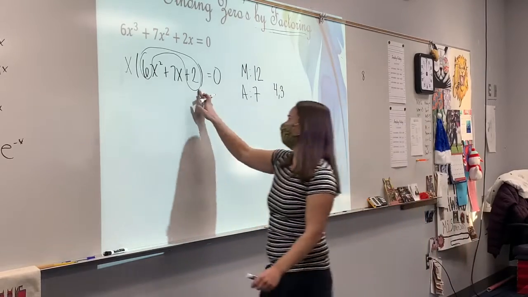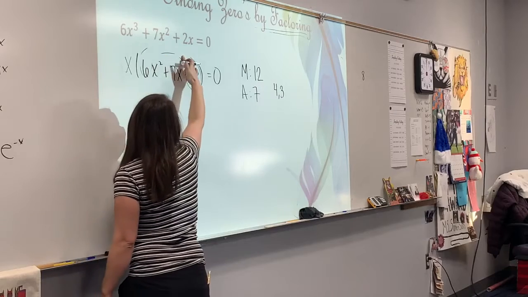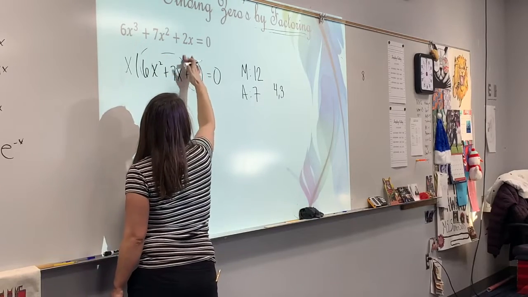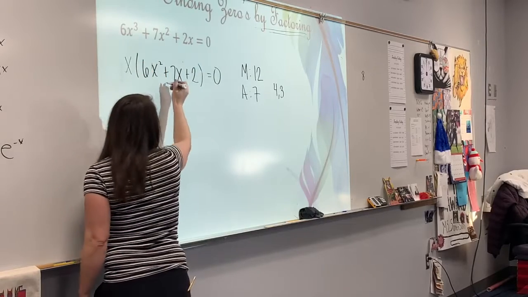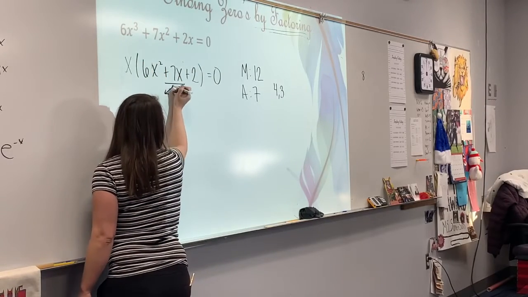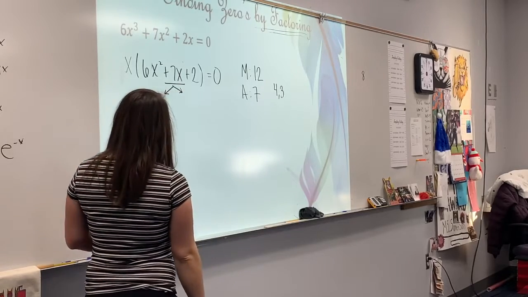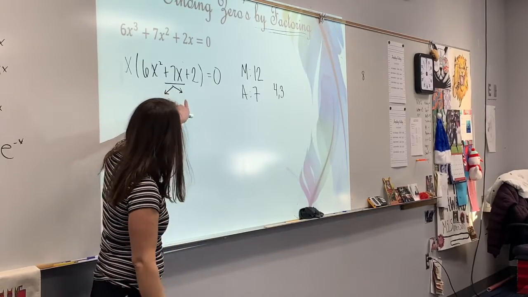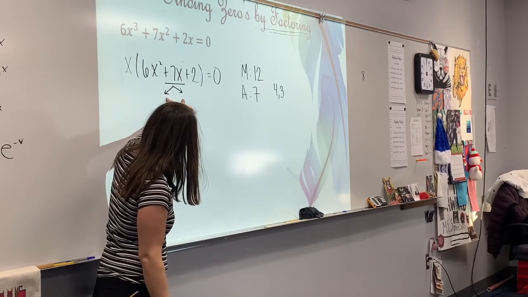All right, so as a reminder, we need to split up the middle. And this is nothing new. If you need to go back and watch the factoring videos, you can. So I'm going to take this and split it up. Now, sometimes it matters. Should I put 4 then 3 or 3 then 4?